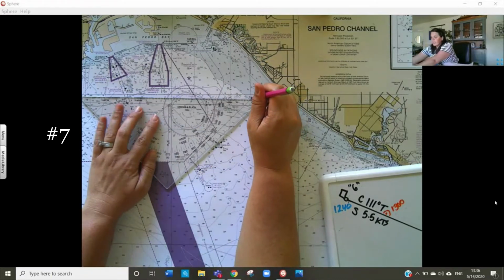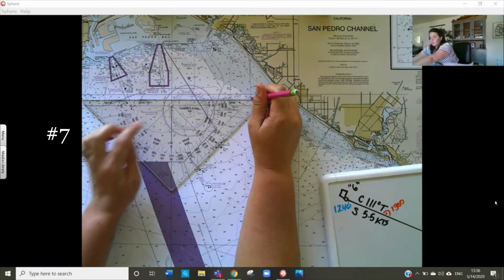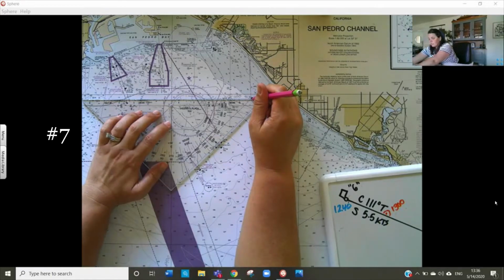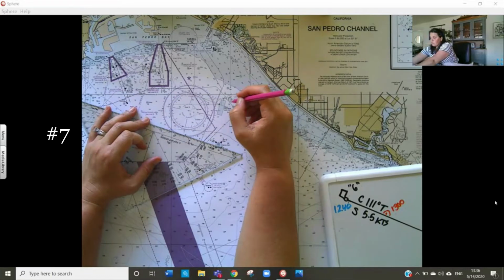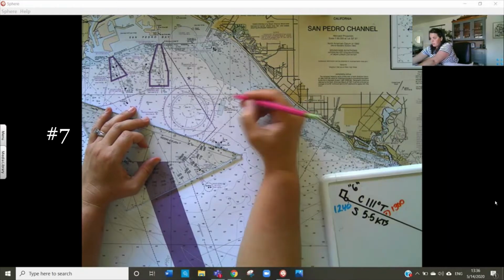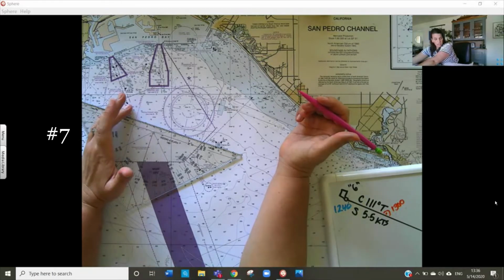So again, I'm going to put my triangle on a meridian, so I know I have due west and due east, and I could draw in my line. So where those two cross is my actual 1400 position. So this would be my 1400 position, and then they ask us to get the latitude and longitude.